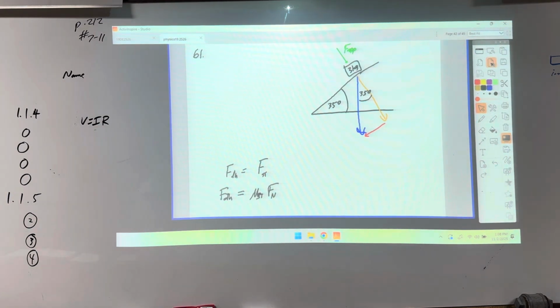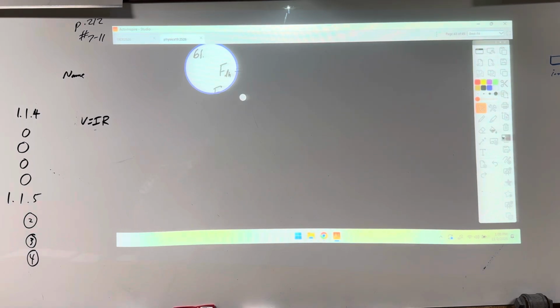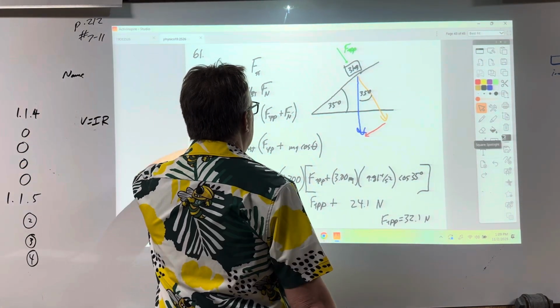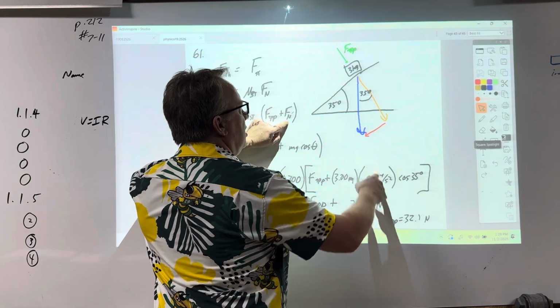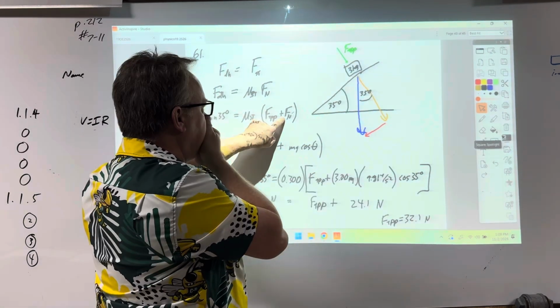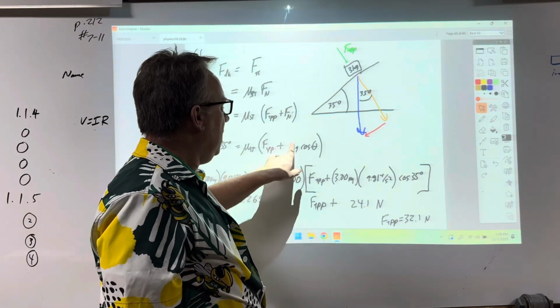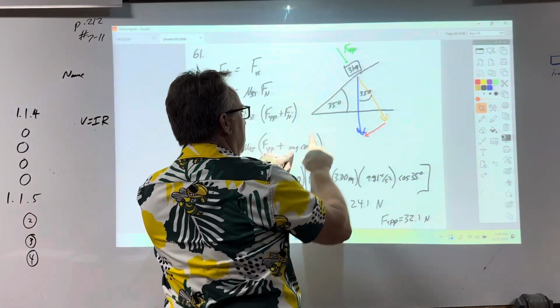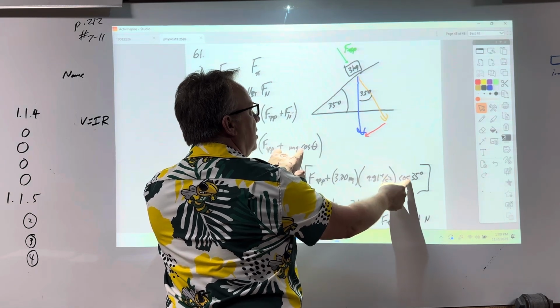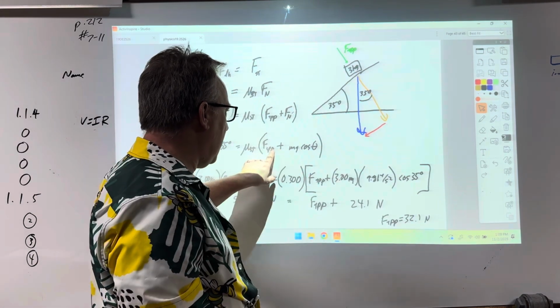Now have this one done. Okay, here we go. Just get rid of this. And the static friction is the coefficient of static friction times this applied force plus that normal. And this normal is 3 kilograms times 9.81 meters per second squared times cosine 35.